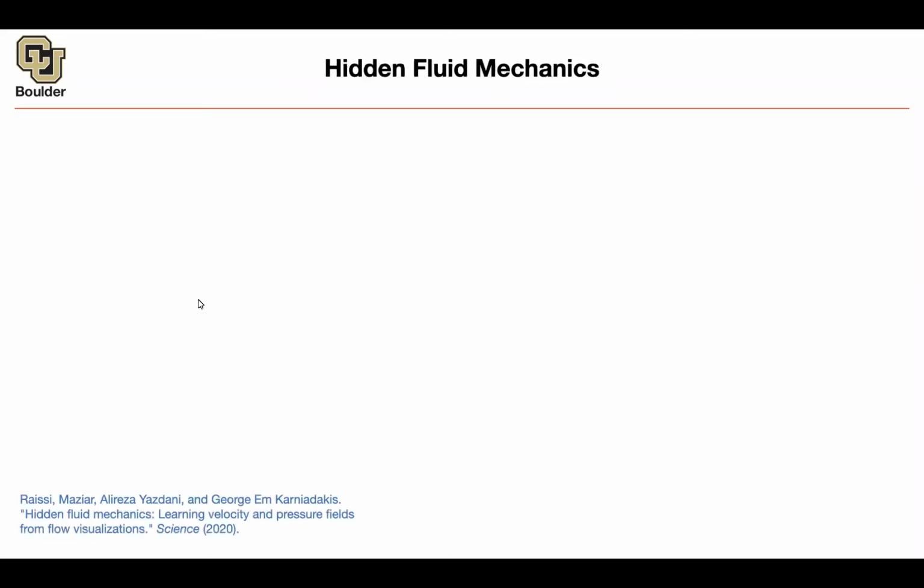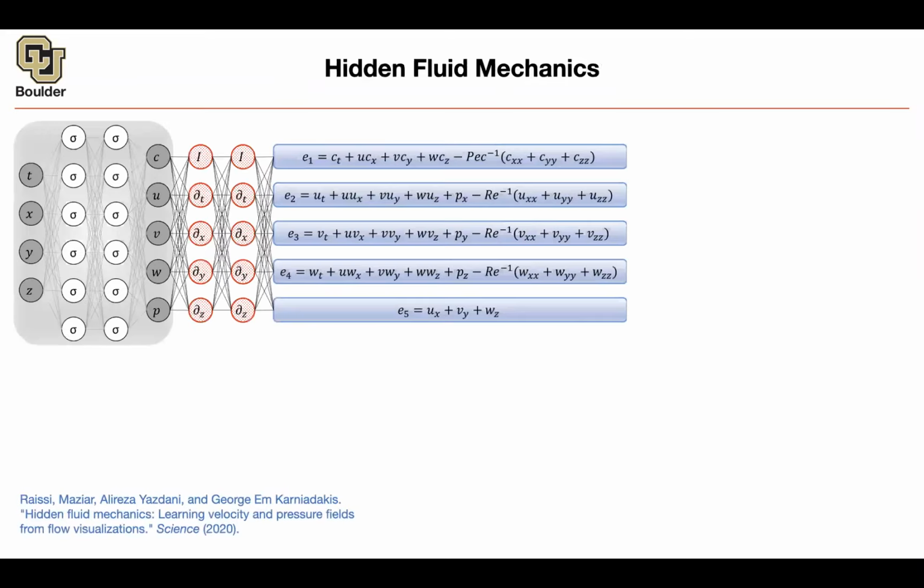So let's try to use that for our problem. Previously, PointNet was using fully connected neural networks, MLPs. We are going to use that. We had time, X, Y, Z, and the concentration as the input.